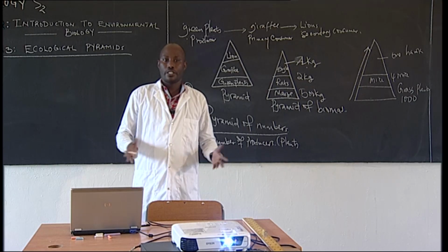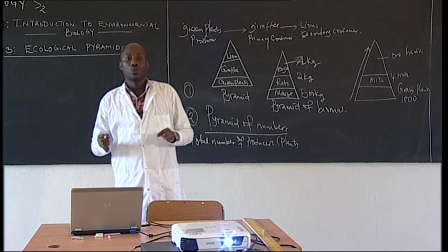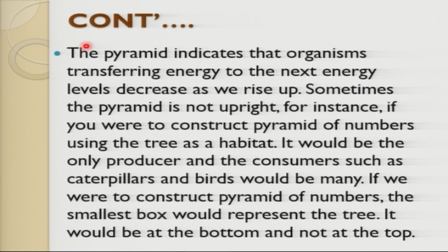It's not upright. For instance, if you were to construct a pyramid of numbers using a tree as a habitat, this is the point I'm talking about. The only producer would be the tree, and the consumers, such as caterpillars and birds, would be many.